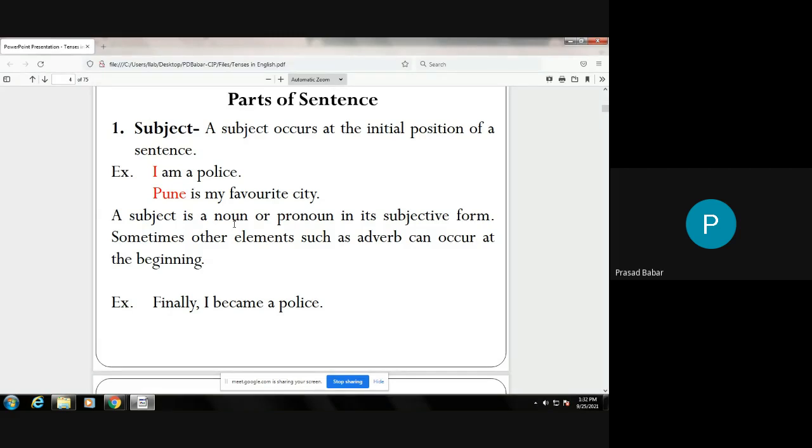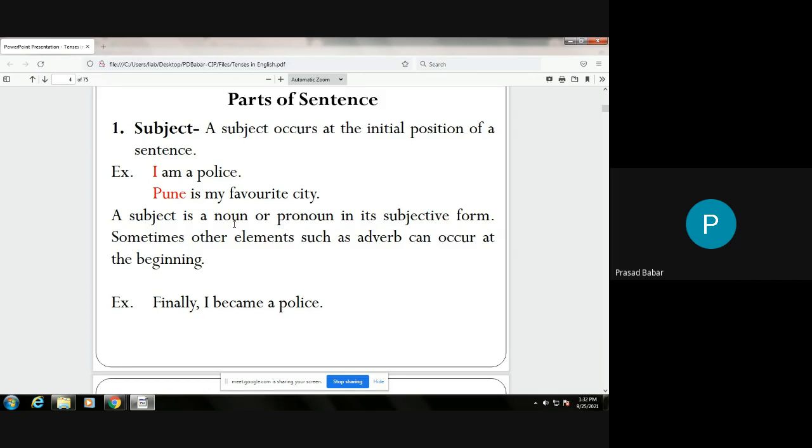And when we convert it into the passive voice, we are telling that someone told this. Then we are using its passive form. That is why, in I am a police, here I is the subject and it is a pronoun.